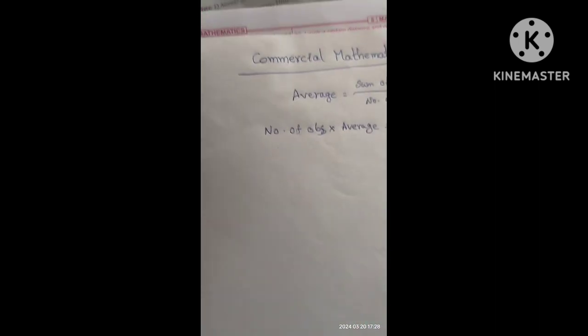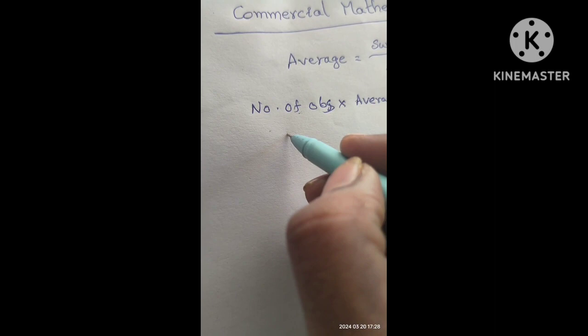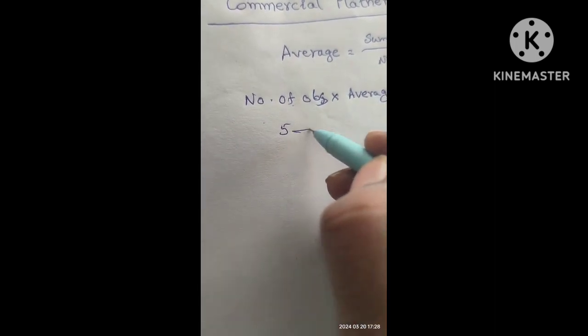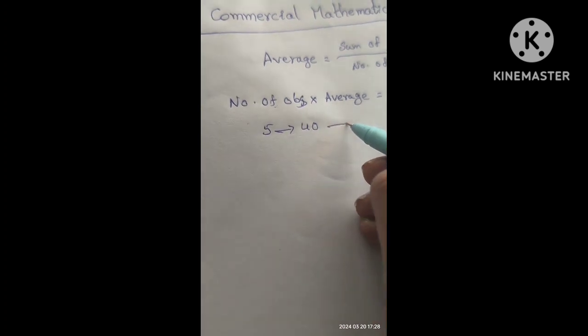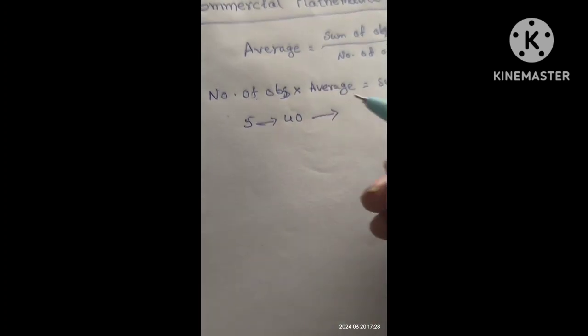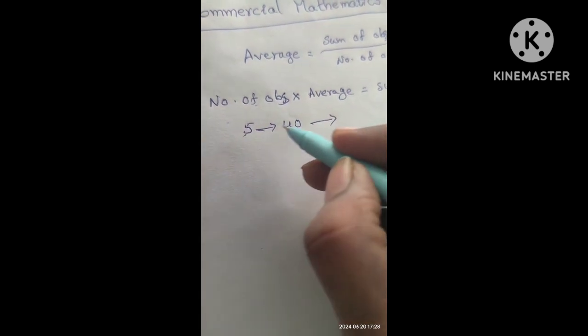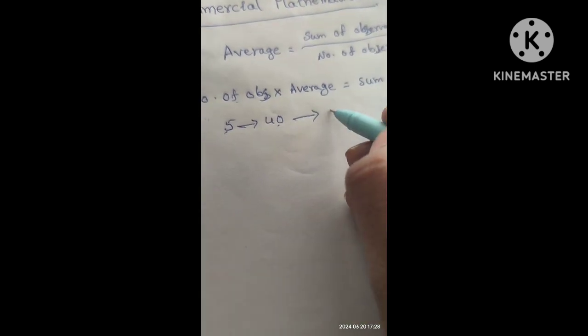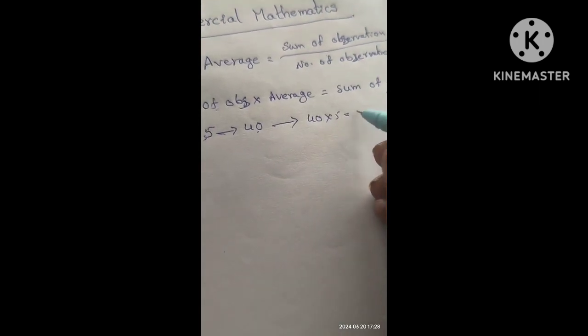For example, in a class, the average of 5 students is 40. Then what is the total of the marks of the students? This is the number of students, this is the average. So if you multiply 40 into 5, it is equal to 200.